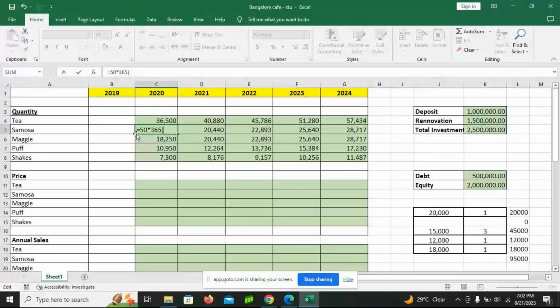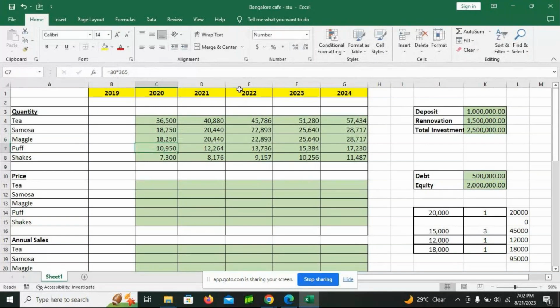We are adding it here only, plus 12%. Okay, I have done it here also.